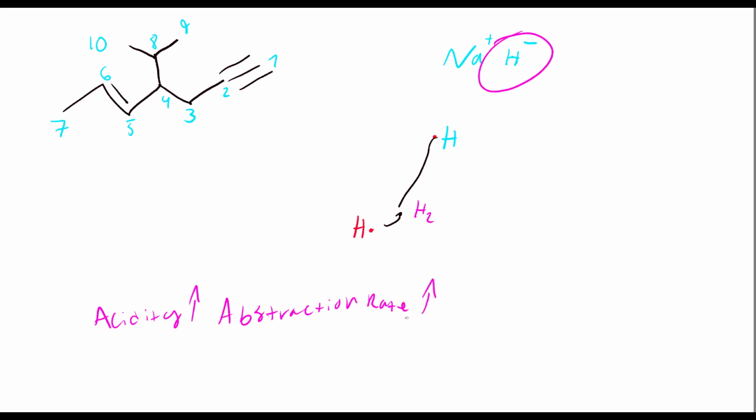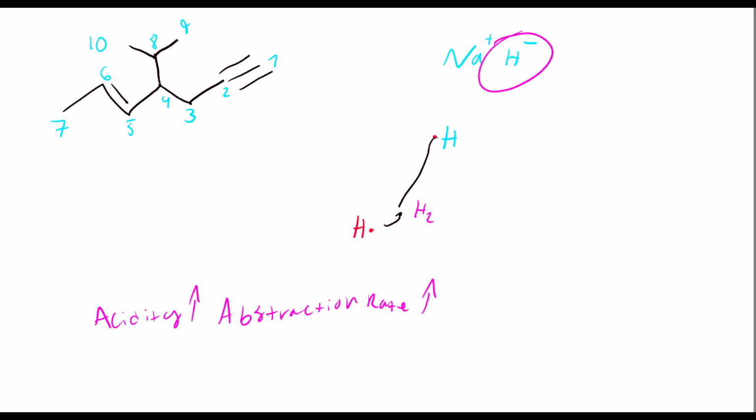Because if you're more acidic, then you're most likely to give up your hydrogen, and if you give up that hydrogen, it's going to be abstracted. So the more acidic you are, the more likely you are to be abstracted. So really this question is an acid question. It's asking you which part of the molecule is most acidic.